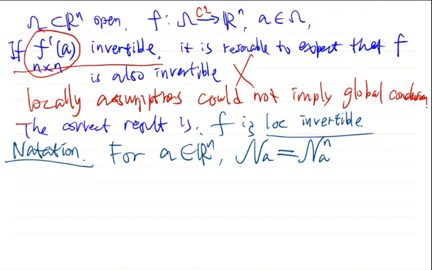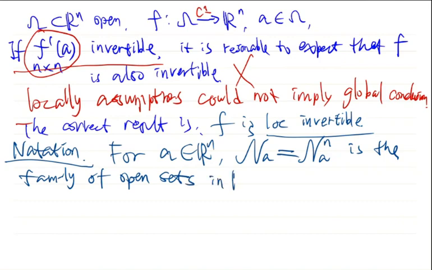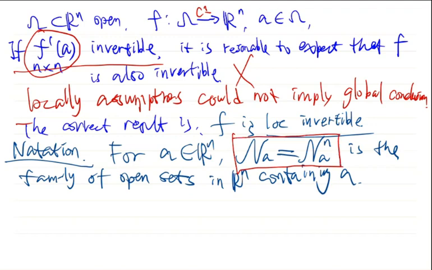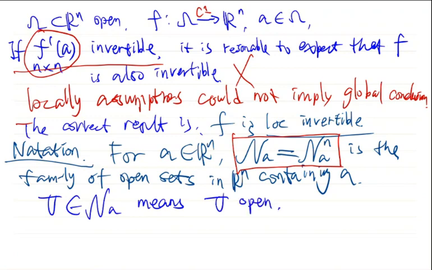It denotes the family of open sets in Rn containing A. Okay, so we have this notation N_A. For example, U belongs to N_A means U is open and A is contained in U. Okay, so this is a notation.